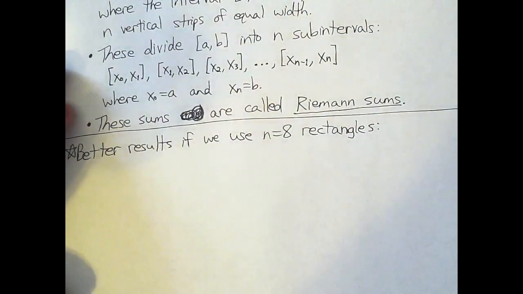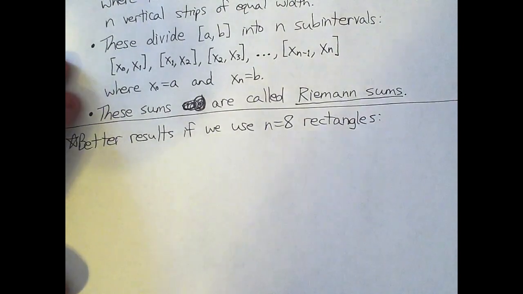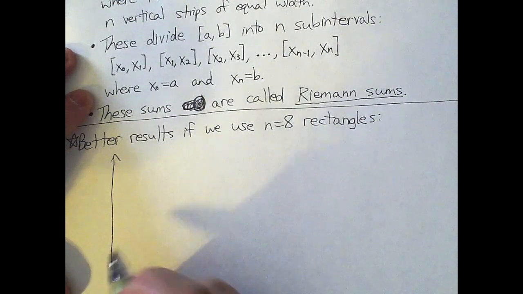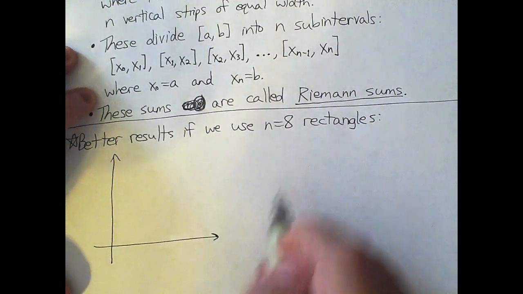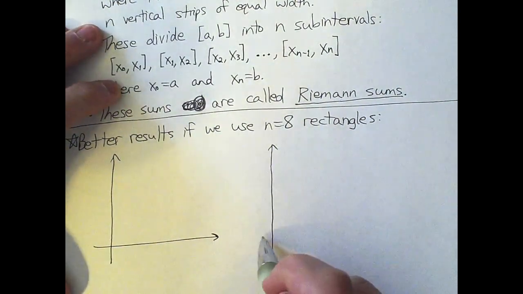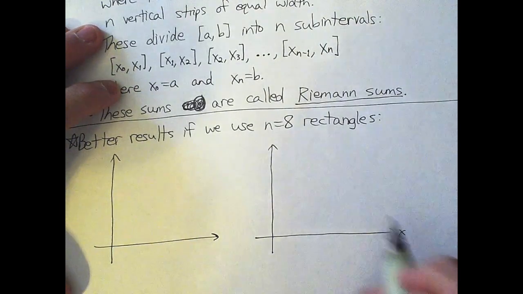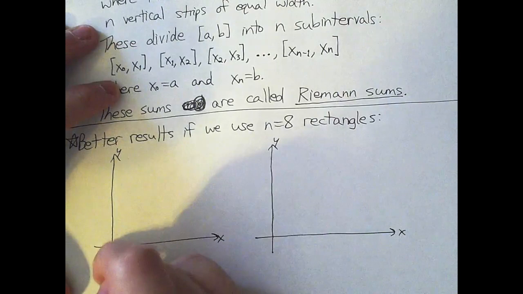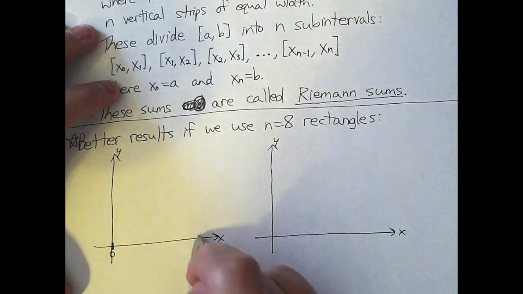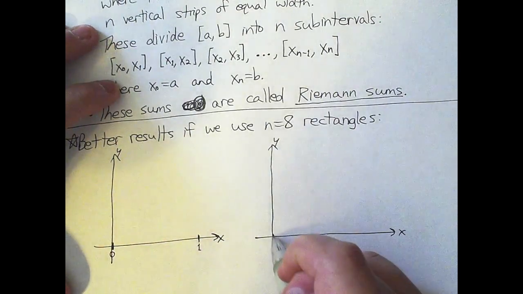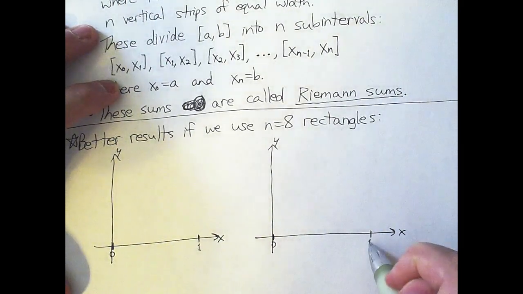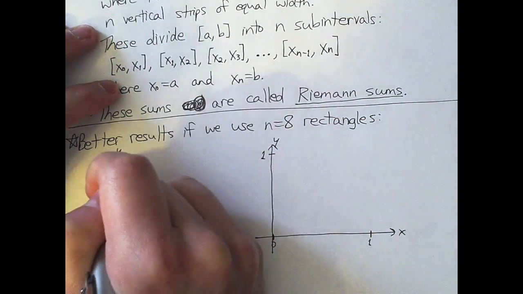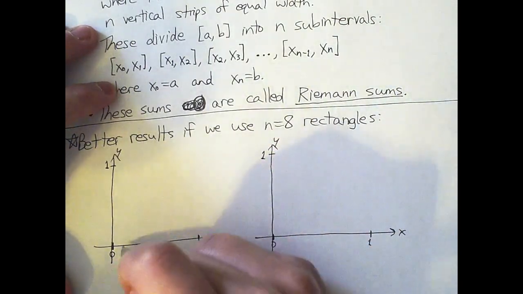And we're not going to go through all of that work right now, but I am going to draw a picture of it. So I'll draw 2 pictures of it, in fact. So I'm kind of going back to that example of f of x equals x squared, the interval from 0 to 1. It's part of a parabola. You might be asked to do some problems that do other functions.